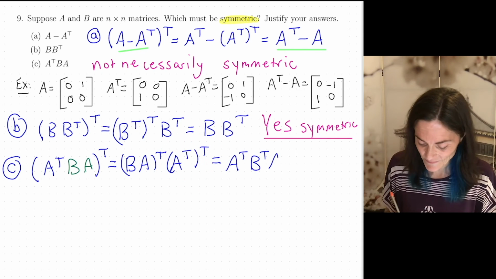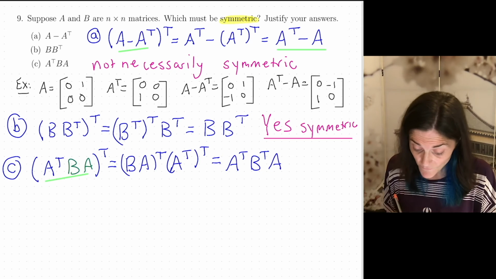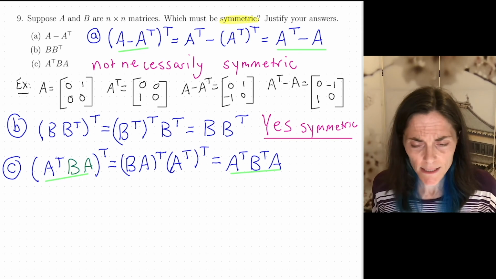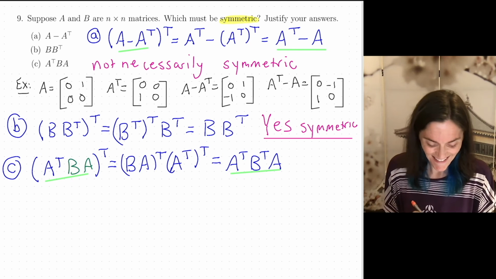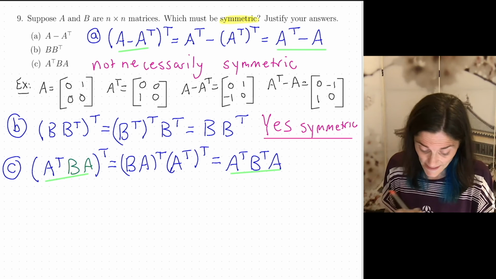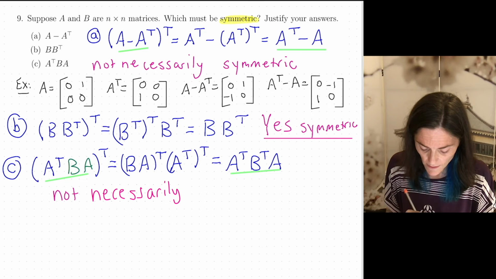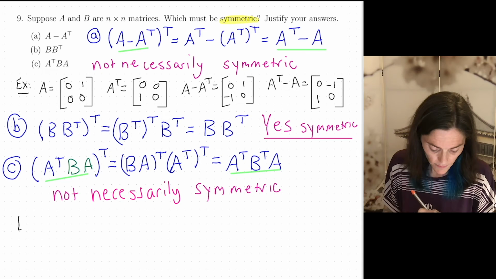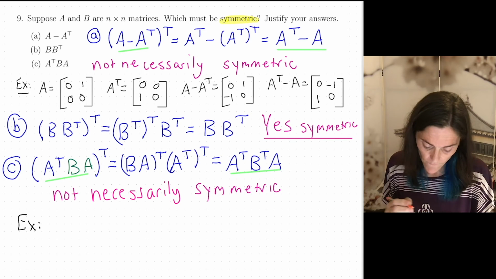This is A. As we did in the first example, we compare these two. And you notice they are not the same. So the answer is not necessarily, again, just like the last one, not necessarily symmetric, this matrix. And if you want an example, well, let's see what fails.